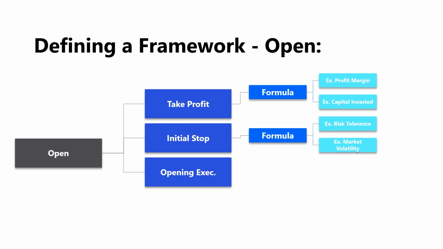How do you define your take profit, right? And how do you define that formula? The most important thing is that you have some type of formula that you can use to help identify, in at least a program, what you're aiming for when it comes to profit. So again, it's one of those things where you can define it however you want, but you need to be able to define it because you're going to have to write code that leverages it.